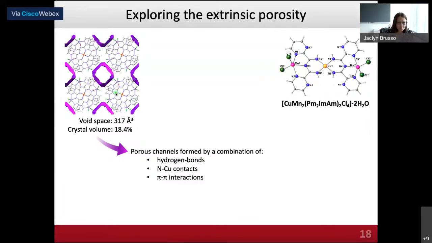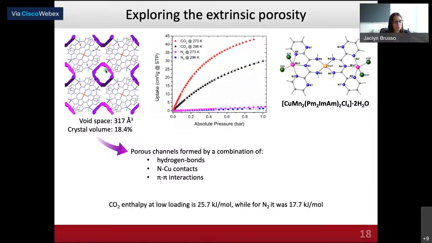So what we wanted to see was if these columns were maintained when we activated the material, and to what level the structural integrity was maintained, and if there was any selective gas absorption.